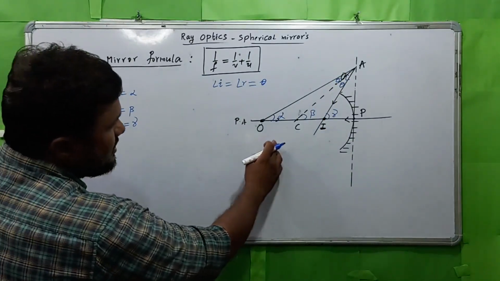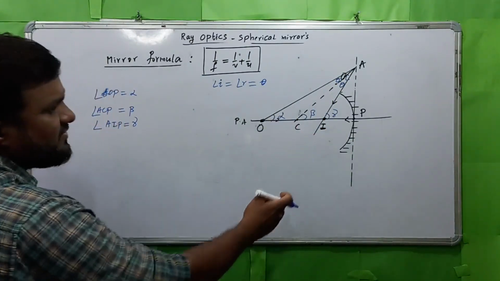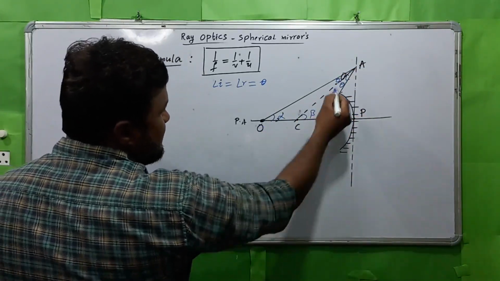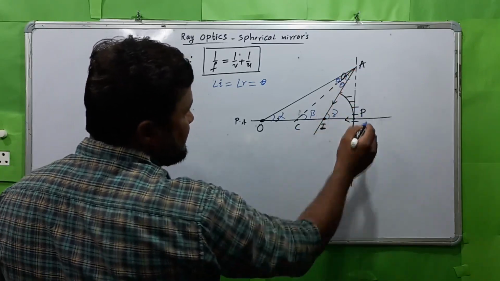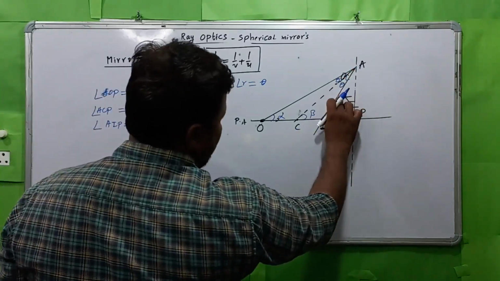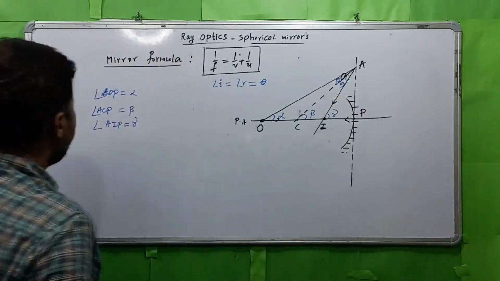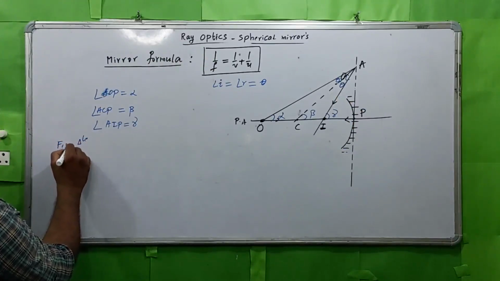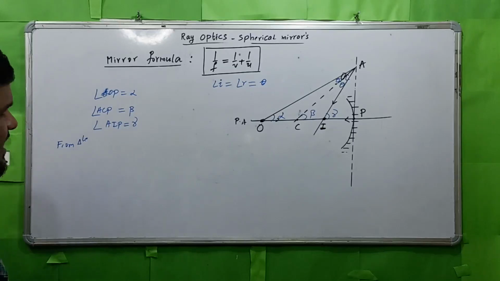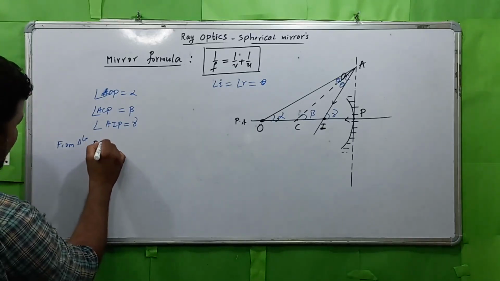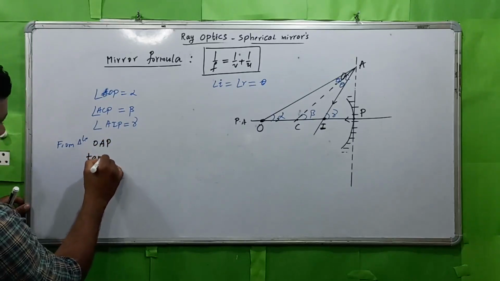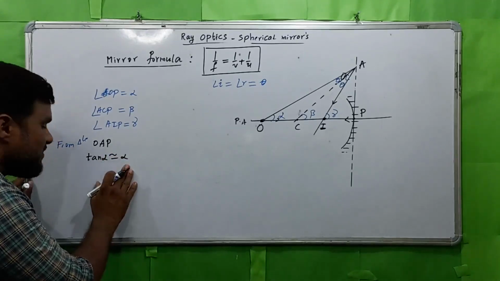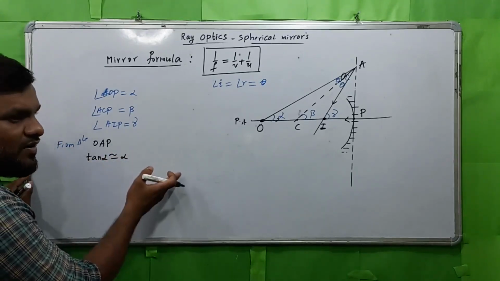Now we can observe three different right angle triangles. OAP is a triangle, CAP is a triangle, IAP is a triangle. Now from the triangle OAP, tan alpha is similar to alpha because due to paraxial approximation we can write tan alpha is equal to alpha.